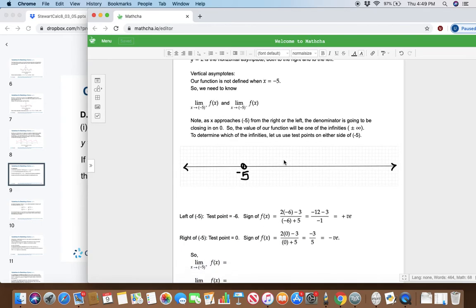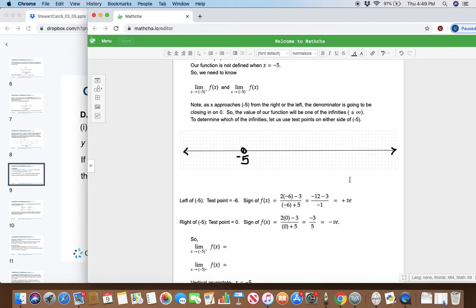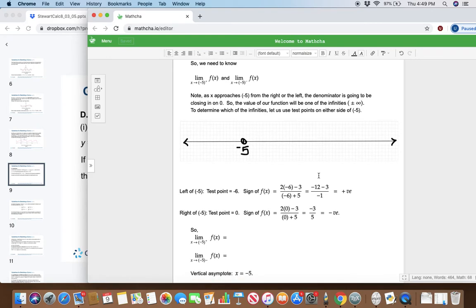We don't know what the limits are. We know that they are going to be some kind of infinities, either plus infinity or minus infinity. So which infinity? If I come from the left, am I going to positive infinity or negative infinity? When I come to negative 5 from the right, am I going to positive infinity or negative? I don't know.